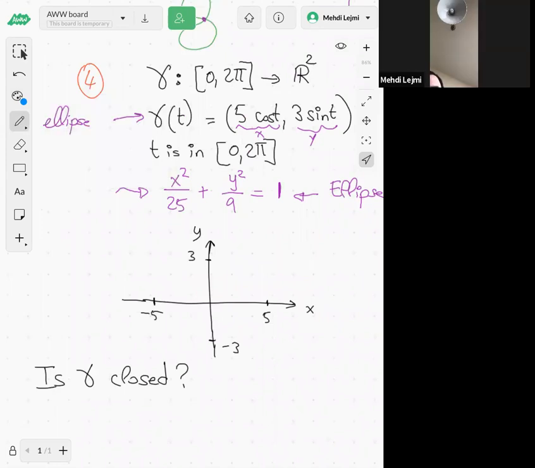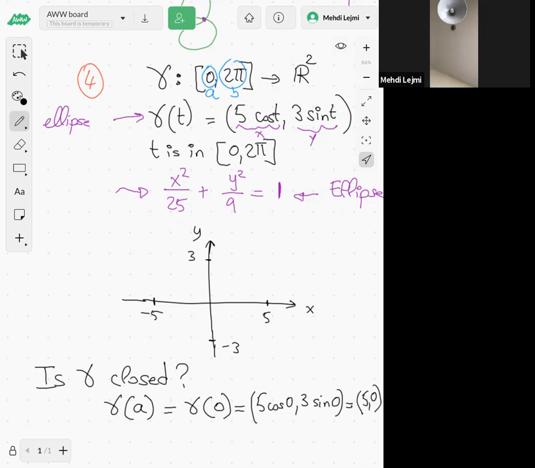This is my a, this is my b, right? So a is 0, b is 2 pi. If you evaluate gamma of a, that's gamma of 0. My t is 0, so that's 5 cosine of 0, 3 sine of 0, which equals (5, 0). So gamma of a is (5, 0).